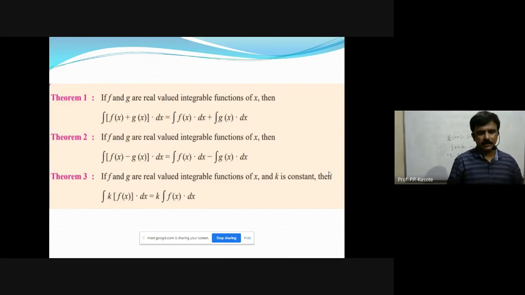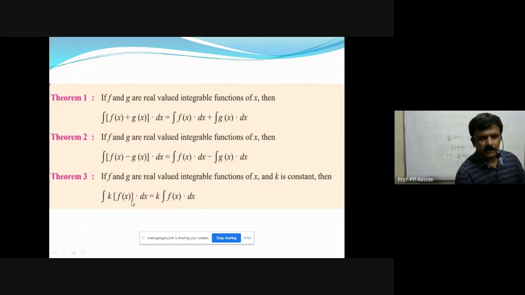And the third theorem tells us that if k f of x is there, if some constant is attached to a function, we are told to take the constant aside and simply evaluate the integral of the given function, that is the integral of k f of x is nothing but k times the integral of f of x. Can you observe?